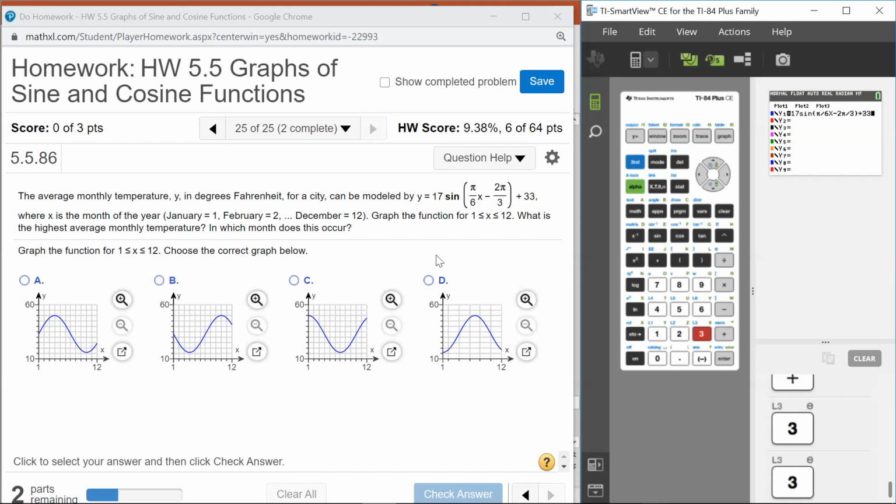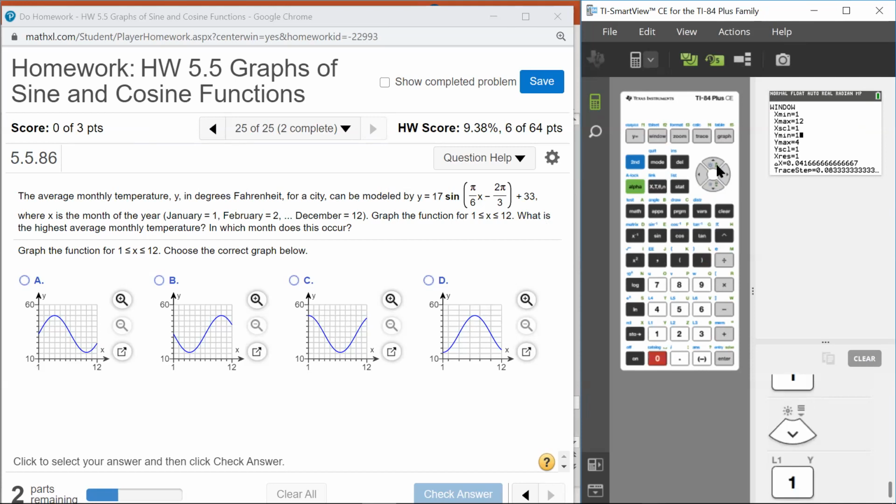Before you hit graph, we have to adjust the window, and I'm going to adjust it the way that it's adjusted here. My x min looks like it starts at 1, x max ends at 12, and it goes up by 1, so x scale is 1. Y minimum, the lowest y value I see on the graph is 10.